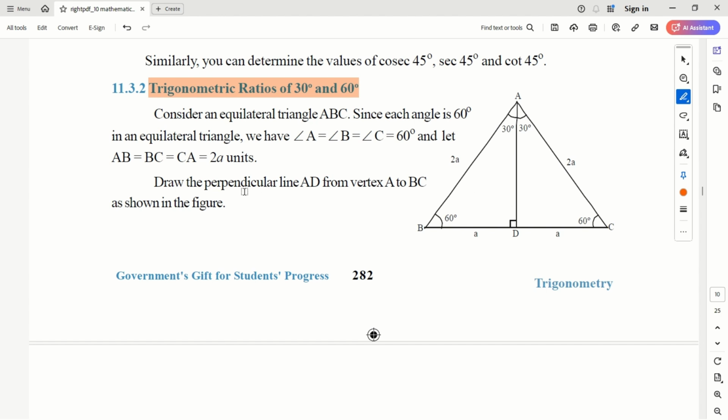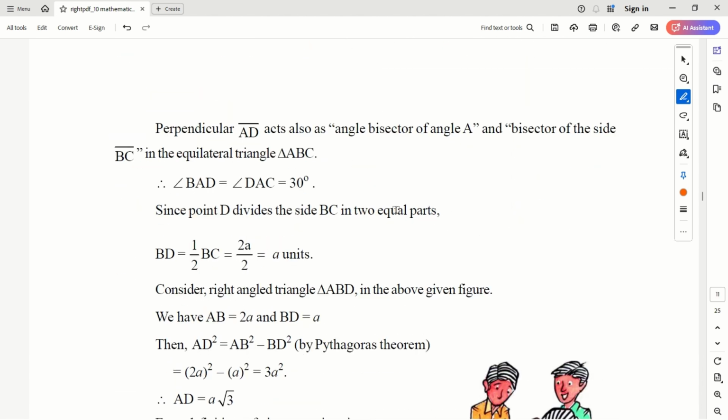So once you know this, we can derive trigonometric ratios for 30 and 60 as well, correct?